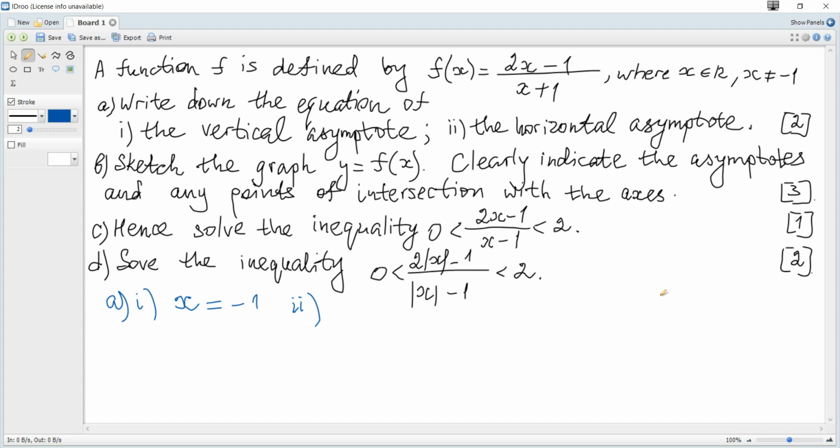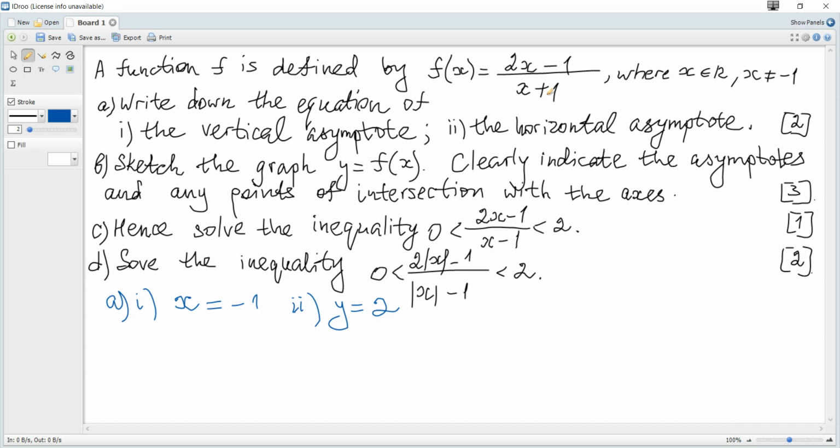When the greatest power in numerator is 1 more than in denominator, there is a slant or oblique asymptote, and if the greatest power in numerator is 2 or more greater than in denominator, then function just increases, and there are no horizontal asymptotes. So horizontal asymptote, it's y is 2.